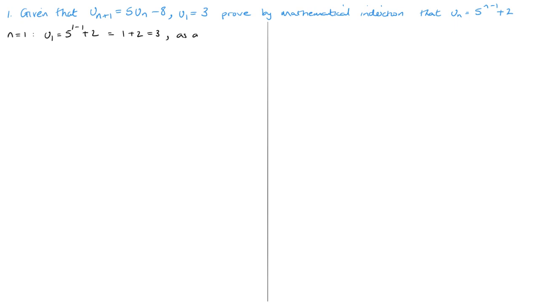So that is as given in the question. Then we go one more. So u2, that's 5 to the power 2 minus 1, plus 2. So that's 5 plus 2, which is 7. Okay, and that's from the general statement.